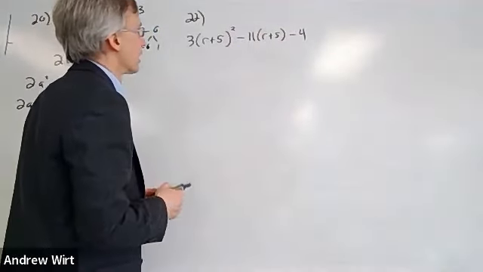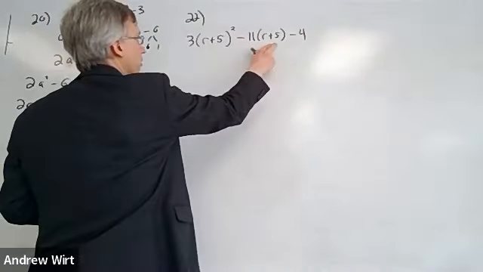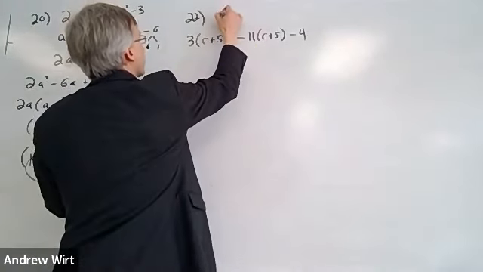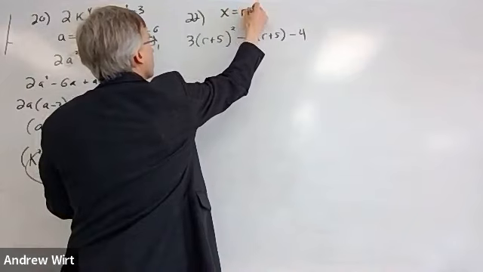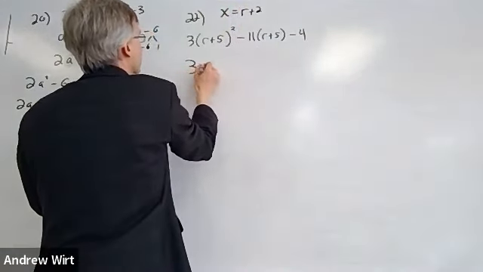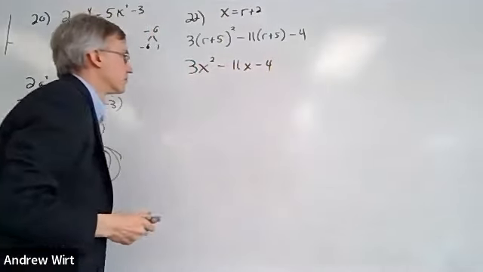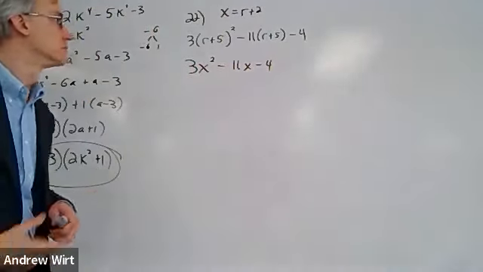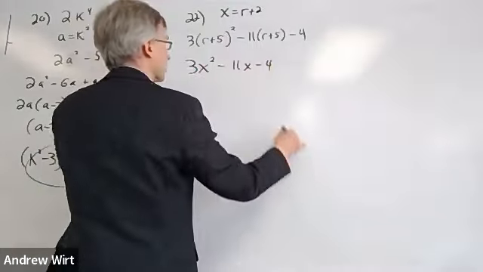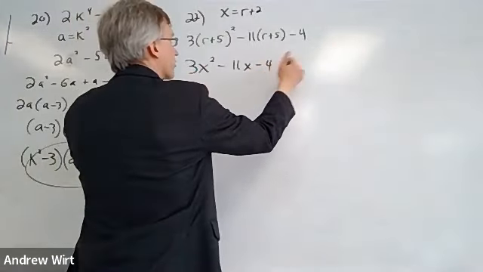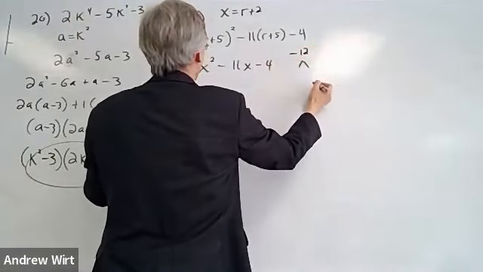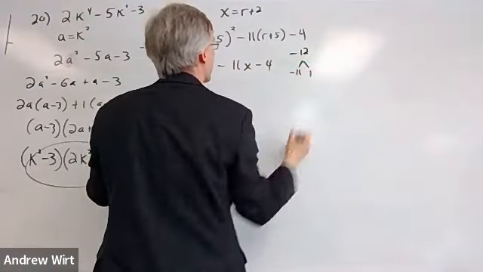Notice that this looks like a quadratic, except we've got these binomials in there. So if I just define a variable x to be the binomial, now I can rewrite it as 3x squared minus 11x minus 4. Now I've got a standard a not equal to 1 trinomial. So AC method. 3 times negative 4 is negative 12. And negative 12 breaks up into negative 12 and 1.